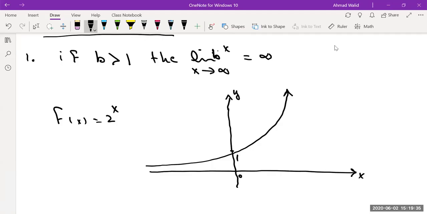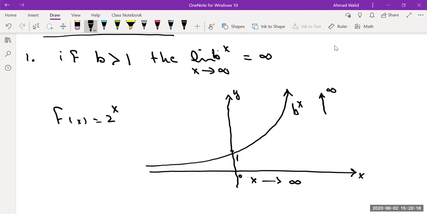Now, this rule, the limit of b to the power of x as x approaches infinity. You see, when x is moving this way, approaching positive infinity, where does the function go? Your function, which is b to the power of x, is increasing, increasing, increasing. It goes also to positive infinity.